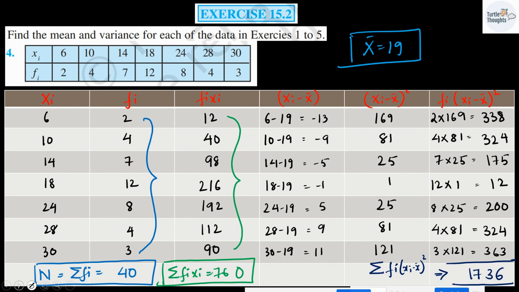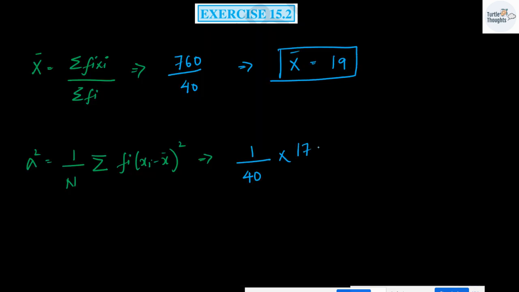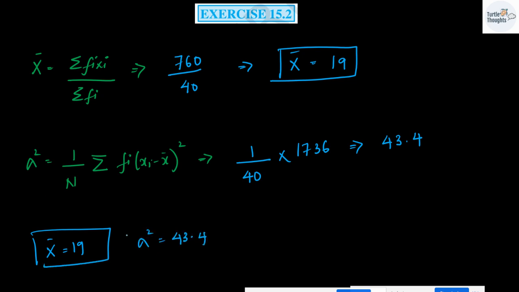I have 1736. So when you solve this, you will be getting the answer. 17 is 4 times 1 and 13. 13 is 3 times, carry, dot 36 4. 43.4. So I will be getting the value of mean as 19 and the variance I have got it as 43.4. This is going to be your final answer.